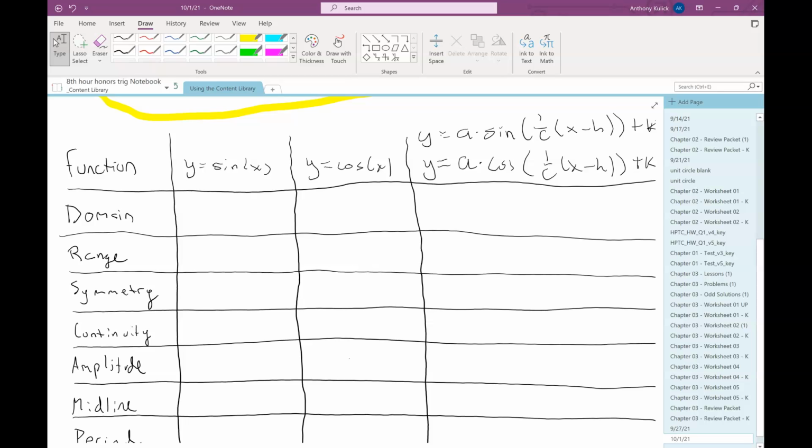So the domain for a function, we remember, is the set of inputs that give us an output. One of the big outcomes from chapter 2 was that we took our definition of sine from outside of a right triangle and moved it onto the unit circle.